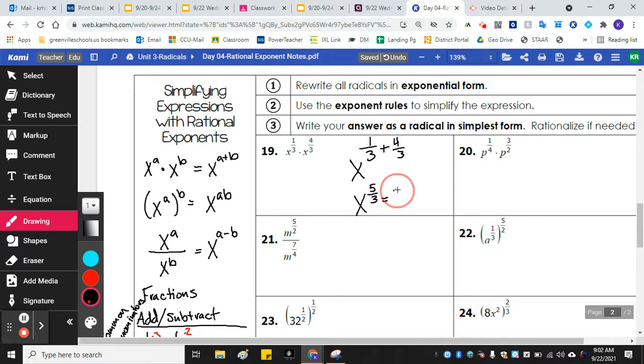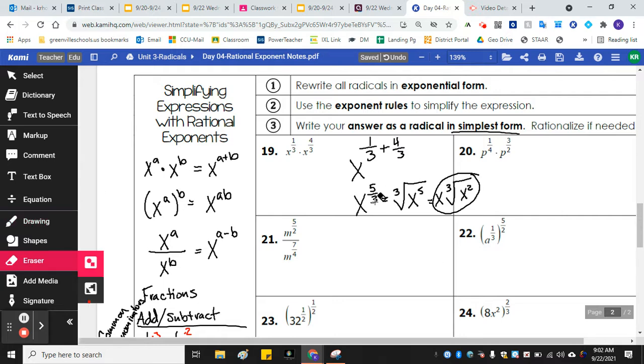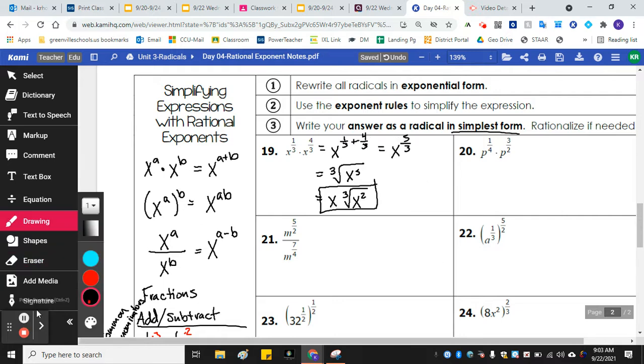So the bottom's my radical, my index, the top's my power. So we have to simplify this. x cubed, x to the 5th: one group of 3 with 2 left over. And I'm going to rewrite that. There, that fits a little better.